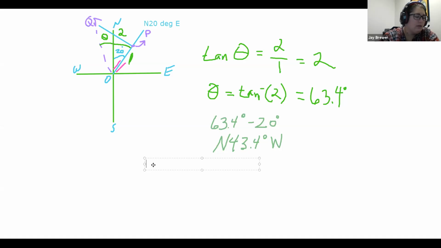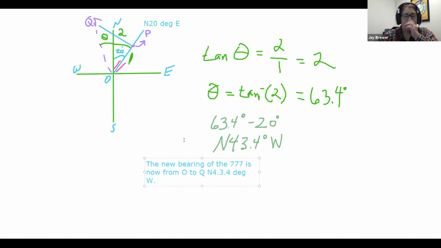In words, it would be the new bearing of the 777 is now from O to Q north 43.4 degrees to the west. Okay, and you make sure that you write it like this. Okay, excellent. Right. Any questions on 9.1?